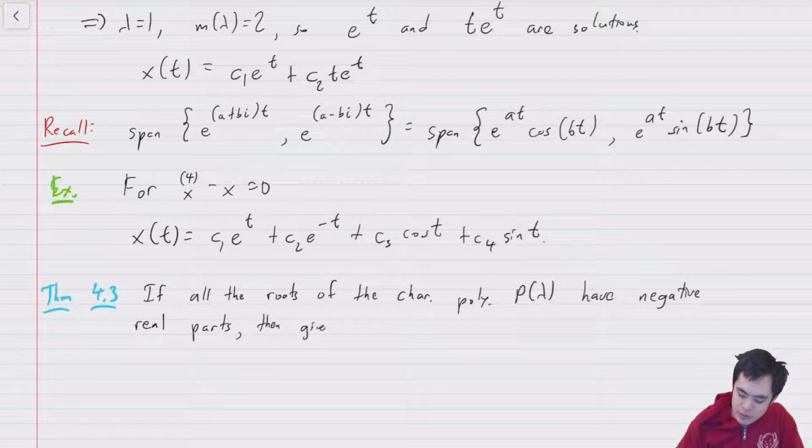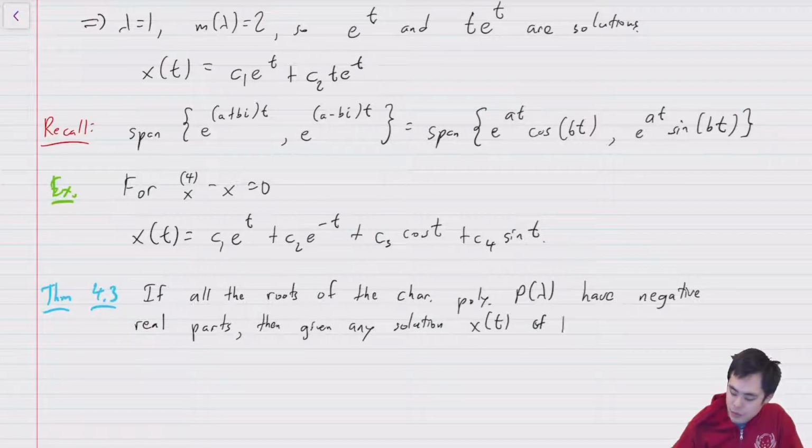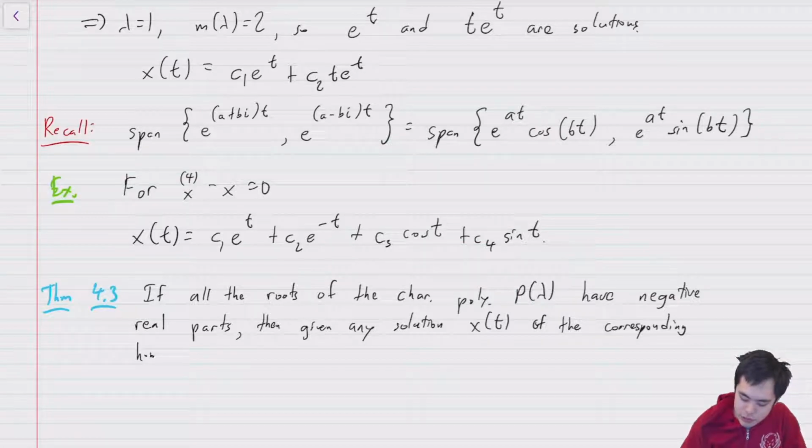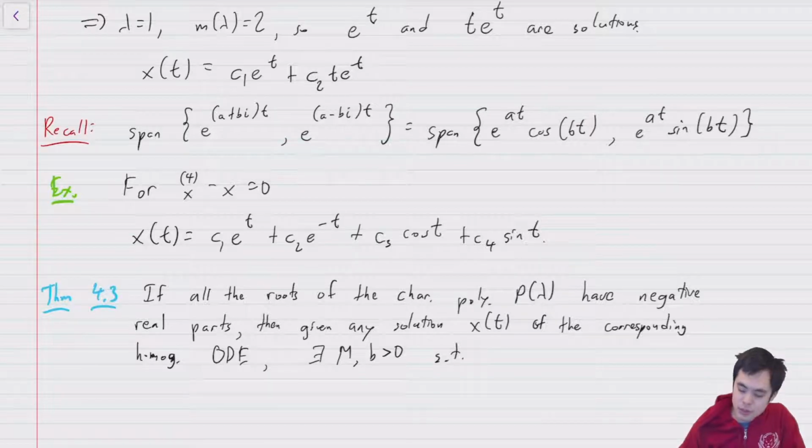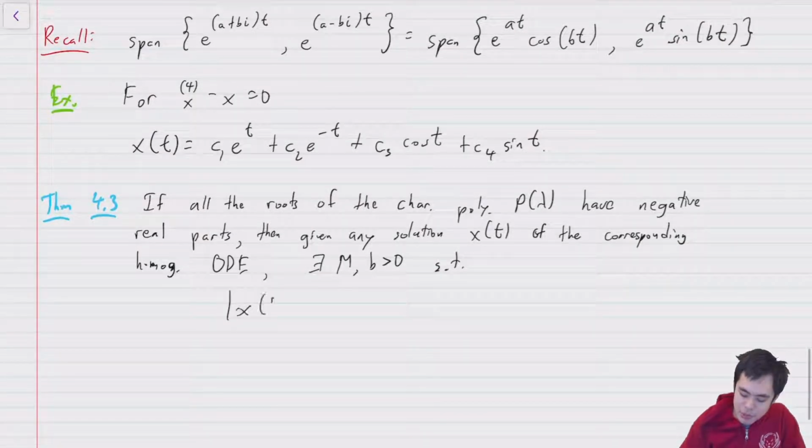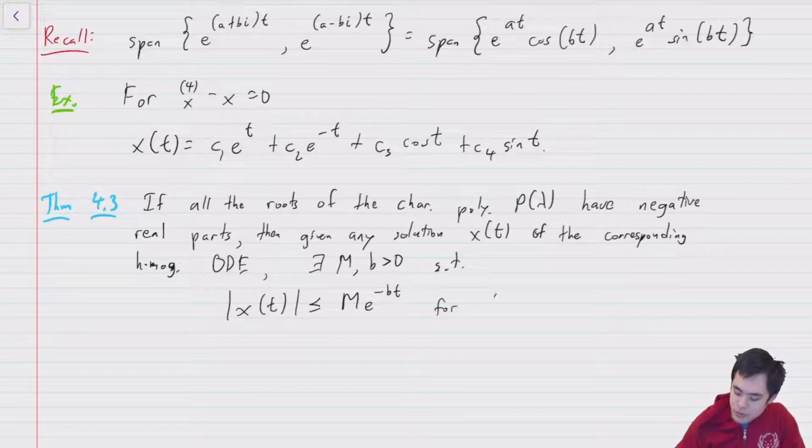then given any solution x of t of the corresponding homogeneous ODE, there exist constants m and b greater than 0 such that the magnitude of x of t is less than or equal to m e to the minus bt for t greater than 0.